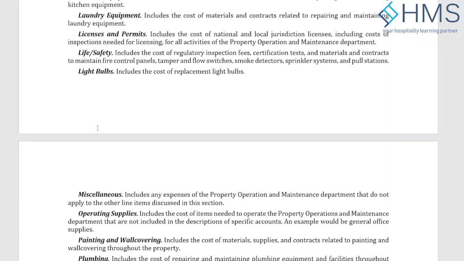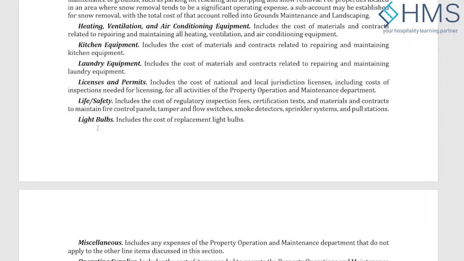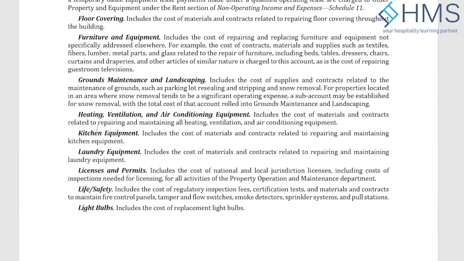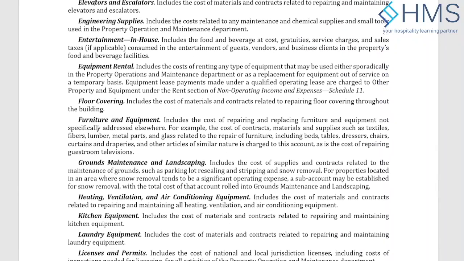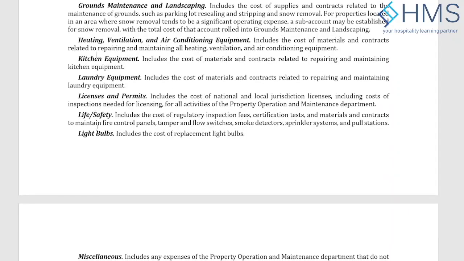So you have to see there are specific line items which you have to follow first, and if the expense is not specific to these line items, then it will go into these general account codes like engineering, electrical and mechanical equipment repairs, or the furniture and equipment repairs, and miscellaneous.